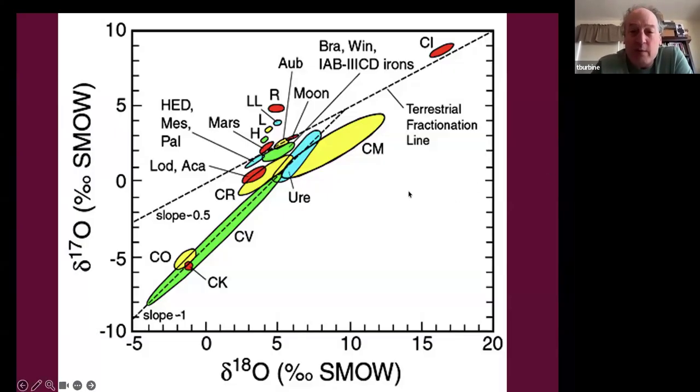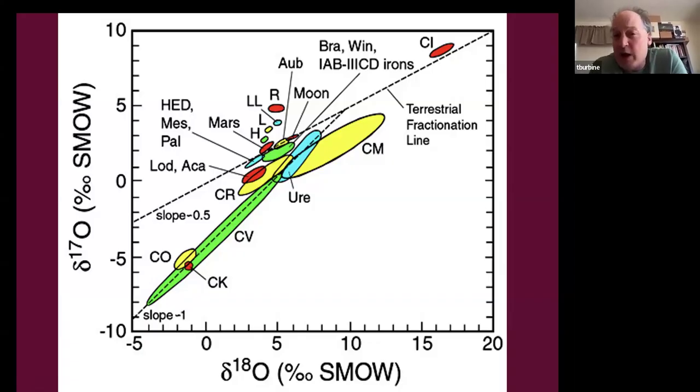All rocks from the Earth fall on this terrestrial fractionation line here. Some of these meteorites fall above, some of them fall below. All the meteorites we think come from Mars fall in their own little region of the space.